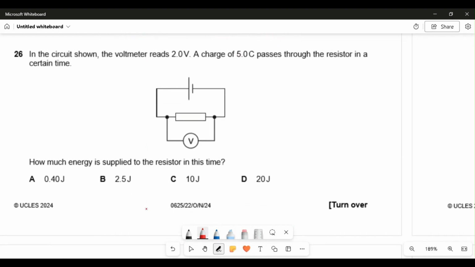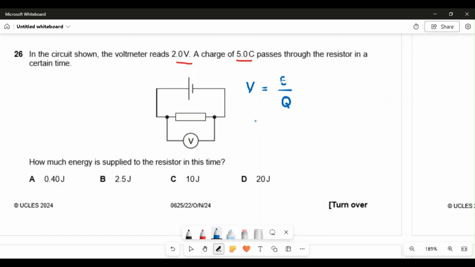Question number 26. In the circuit shown, the voltmeter reads 2 volts. A charge of 5 coulombs passes through the resistor in a certain time. How much energy is supplied? If you remember the definition of potential difference or EMF, it is the energy supplied by the cell or the battery to a unit positive charge.